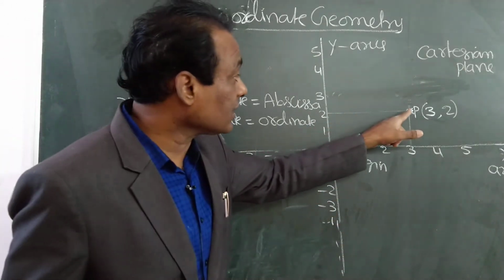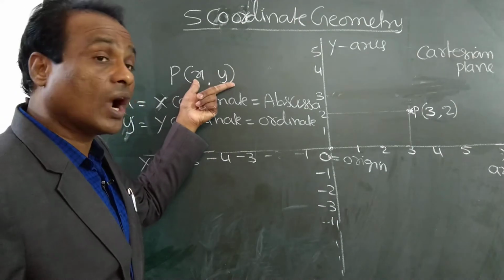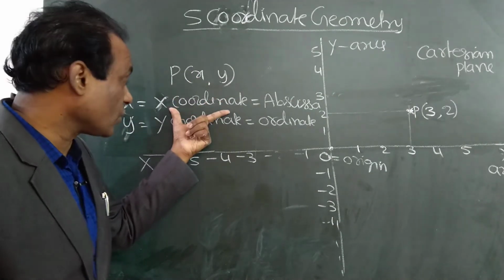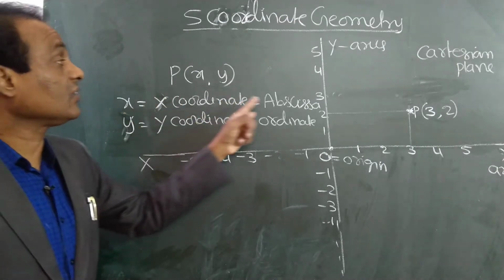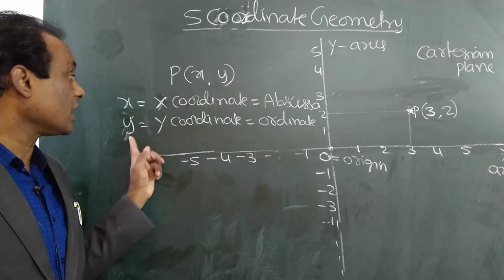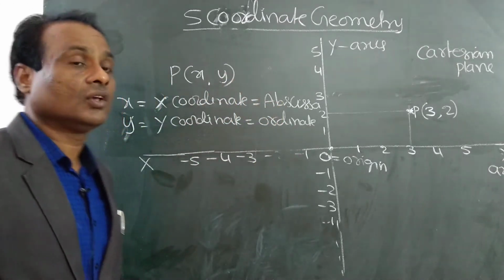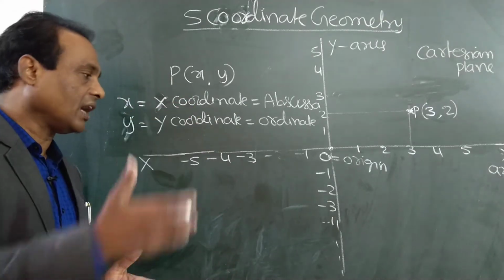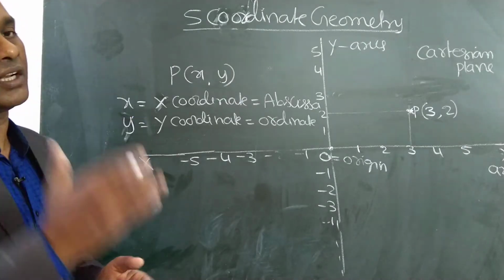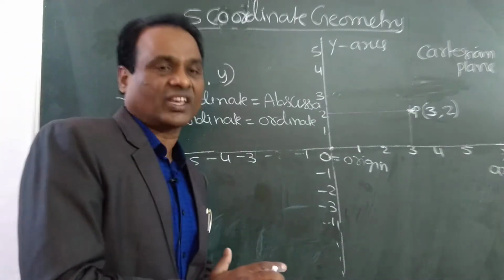Any point in the system is represented by two coordinates: the x coordinate, also called the abscissa, and the y coordinate, also called the ordinate. Write down this introduction, and after that I will give some extra notes and we will enter into the chapter and the exercise.